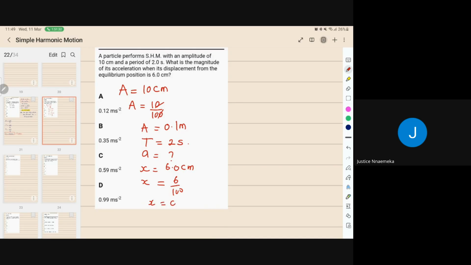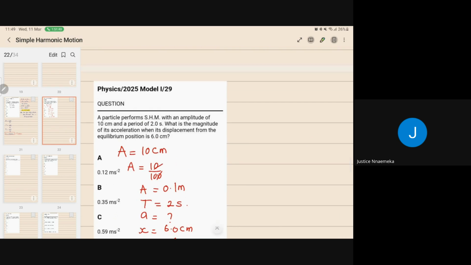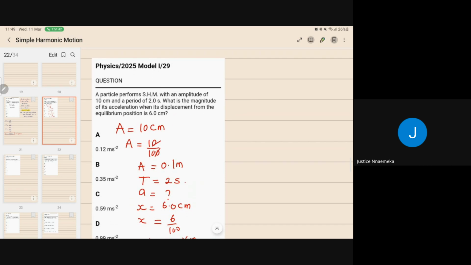So X is equal to what? 0.06, not centimeter again, meter. All right, so let me write by the side because sometimes if I export this, it doesn't really show. So we have that A is equal to 0.1 meter. We'll have that T is equal to 2 seconds. We'll have that acceleration is what we seek. We'll have that X is equal to 0.06 meter.